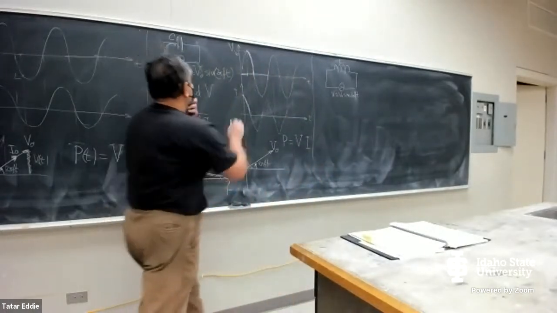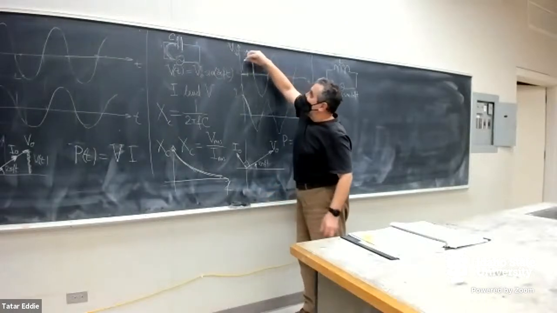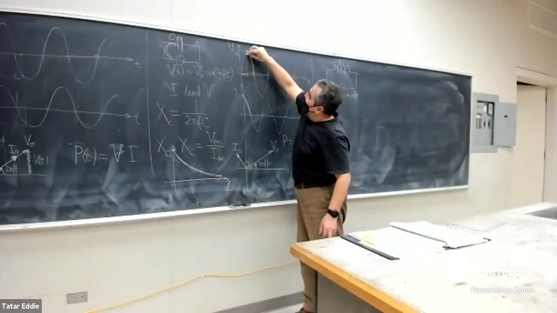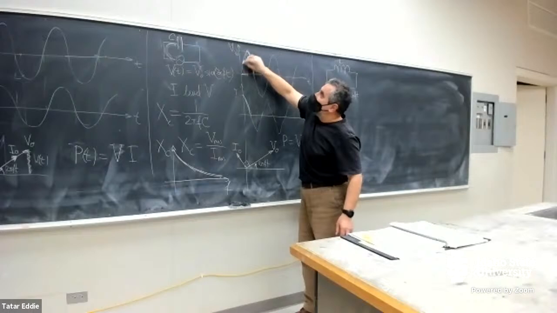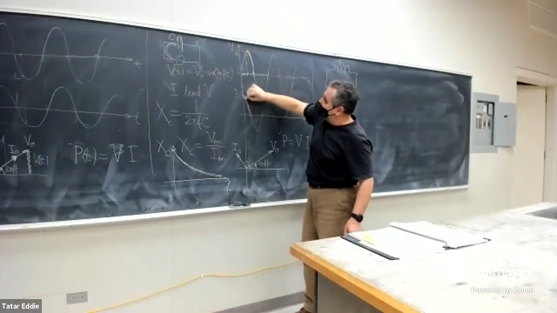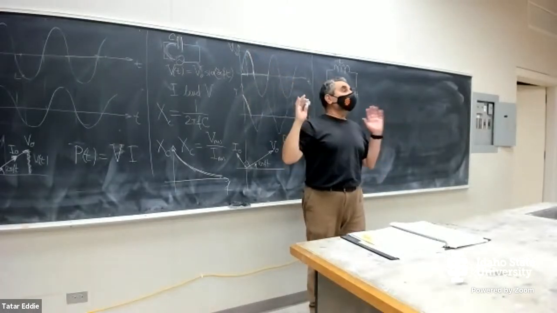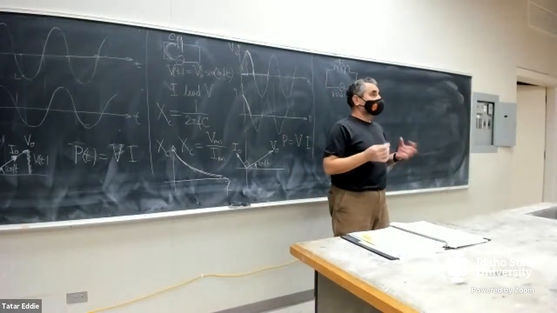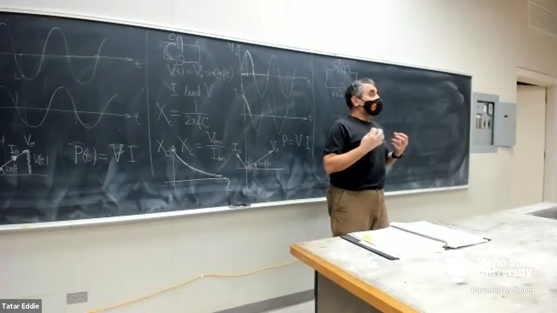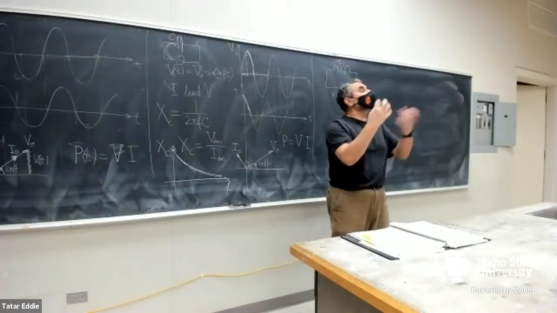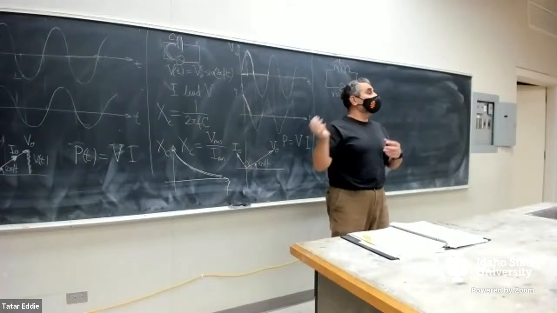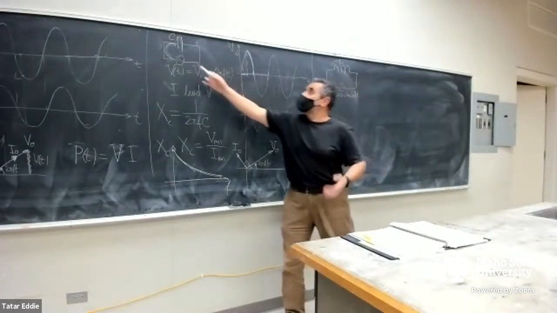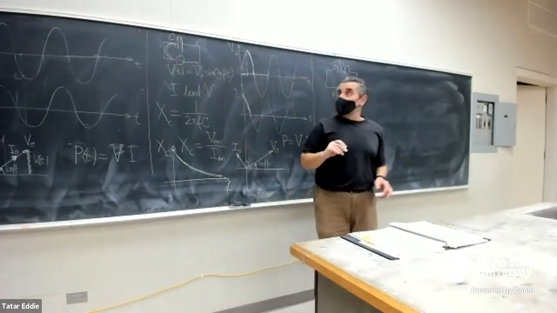But look what happens. At the first quarter of a cycle, you're here, you have positive voltage and you have positive current. Positive times positive is going to give you positive power consumed in the capacitor. So the capacitor is taking power, taking energy from the generator, from the grid.